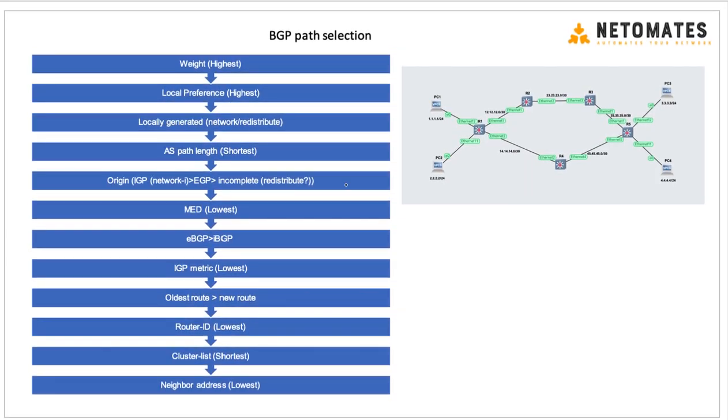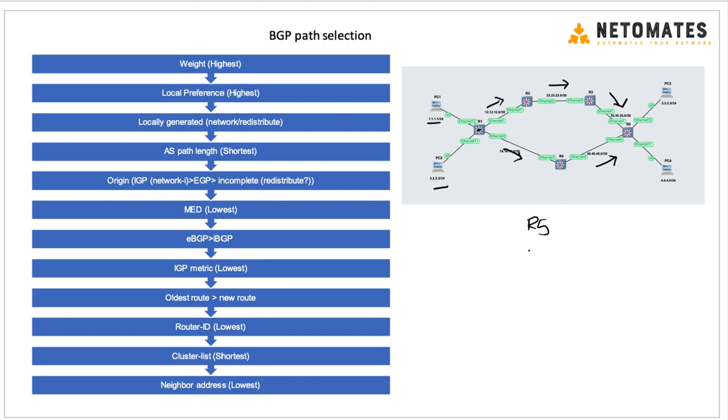So let's look at this topology. So here we have R5. Okay. So R1 is advertising these two networks to R2 and R4. R2 will forward that information to R3. R4 will forward that information to R5, and R3 also forwards that information to R5.